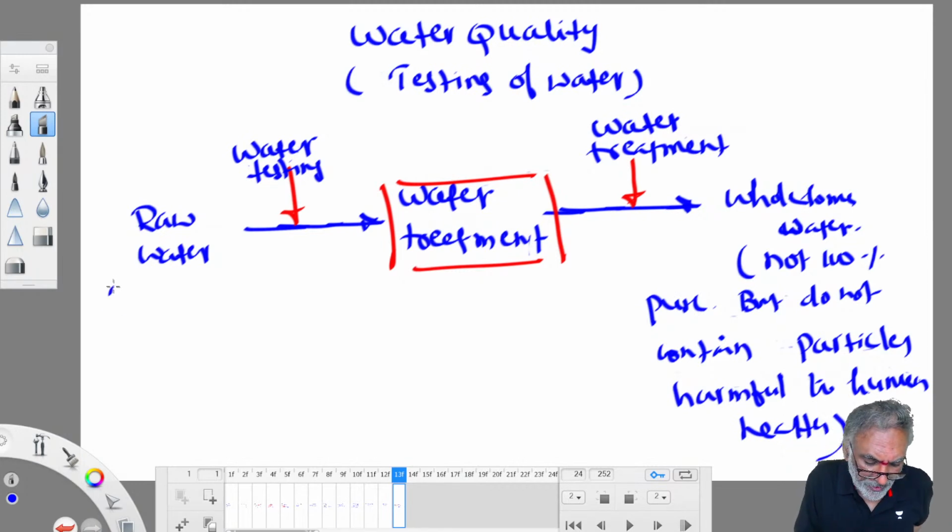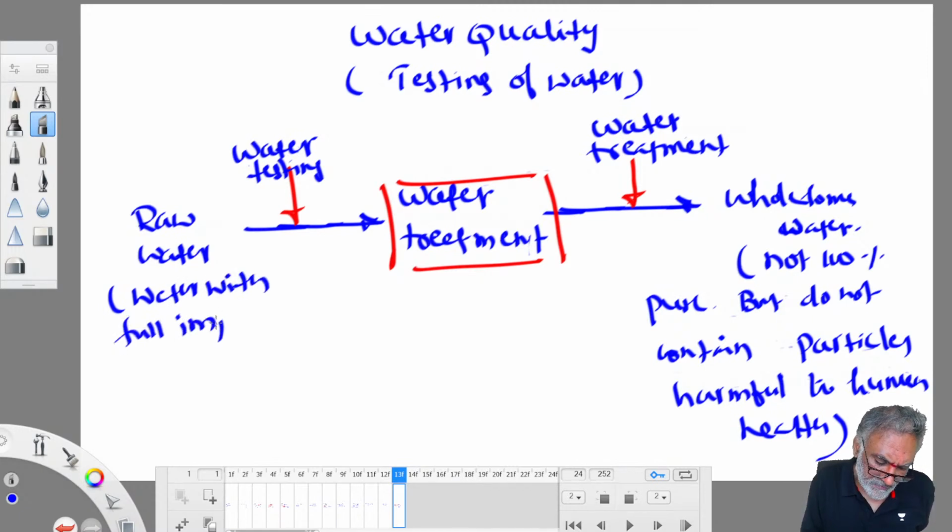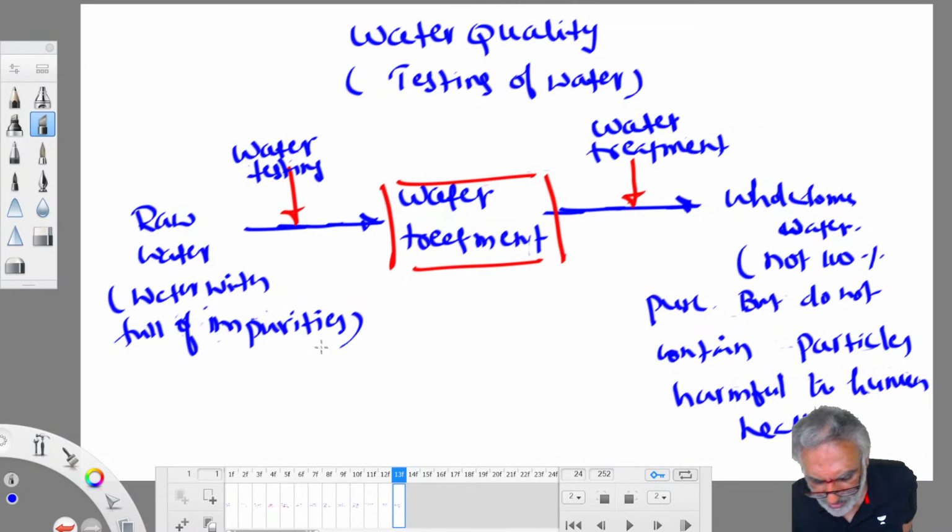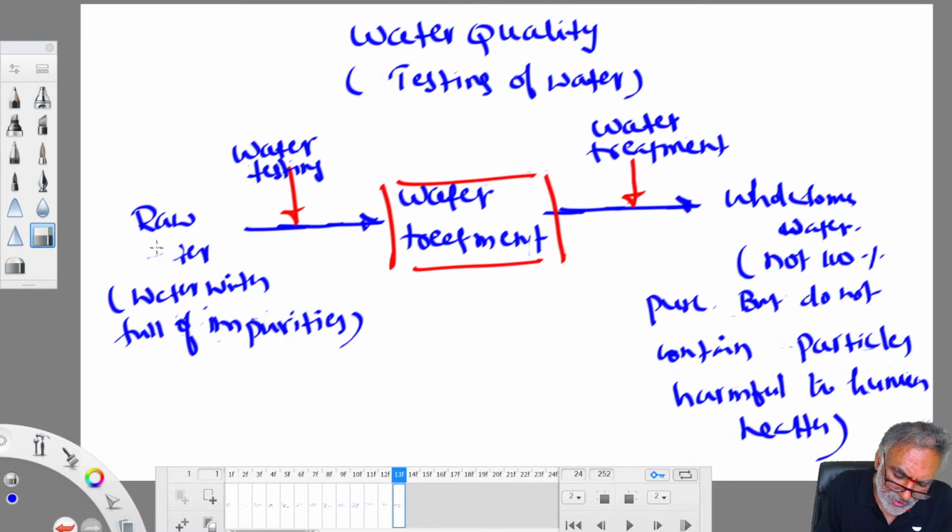Raw water is full of impurities. Water full of impurities is known as raw water. Some North Indian faculty and students know it as raw water engineering. That's not the correct word to be used.